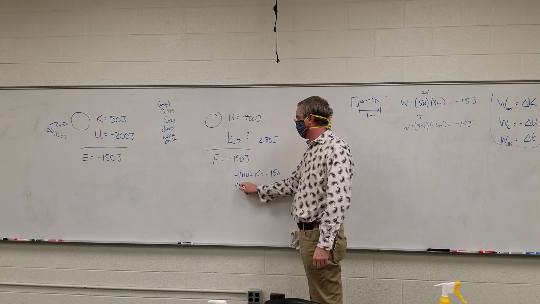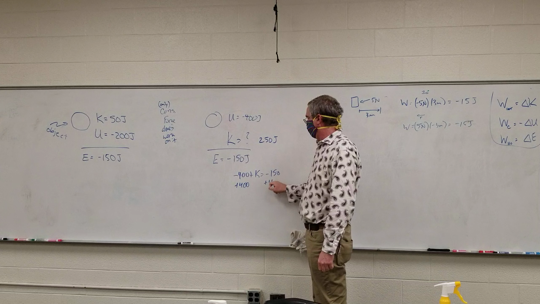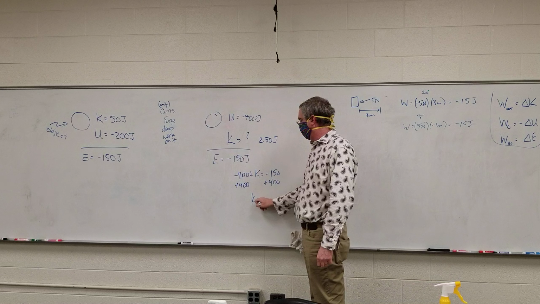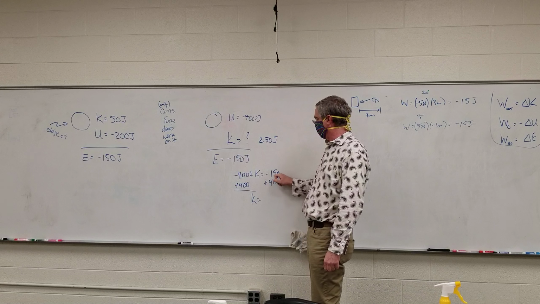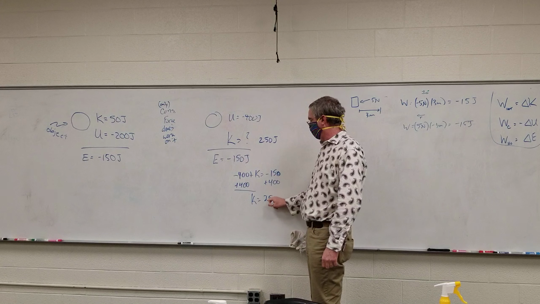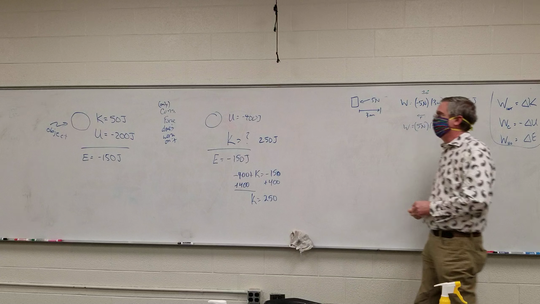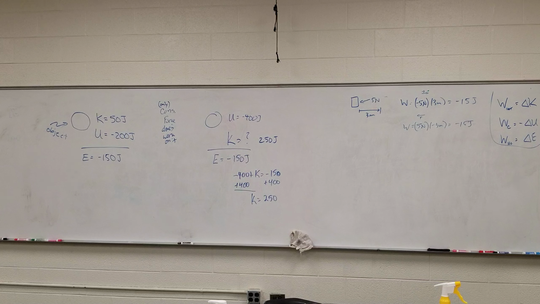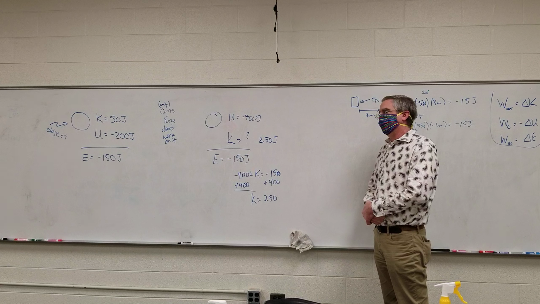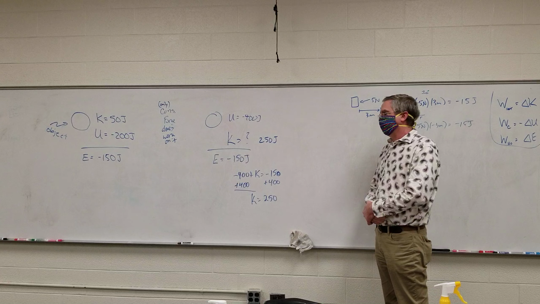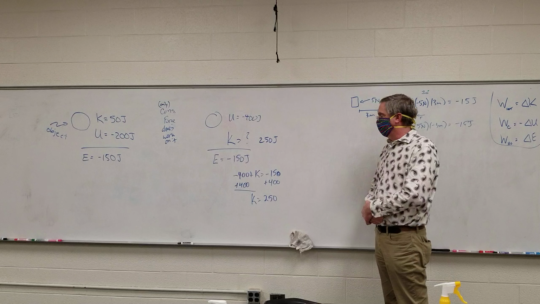So you add 400 to both sides. That cancels out on the left side, and on the right side, negative 150 plus 400 is 250. And is it 250 positive? Is it always a positive number for kinetic?